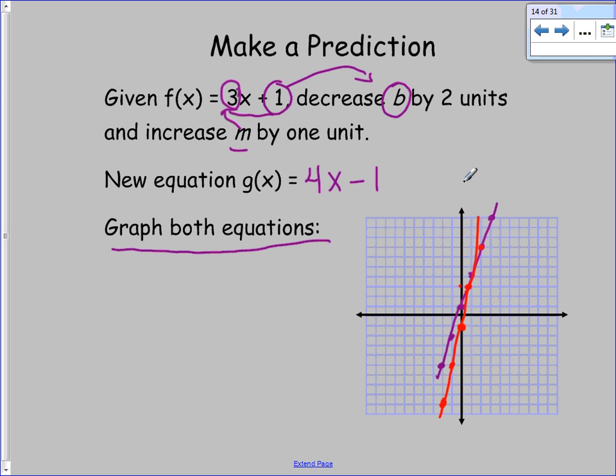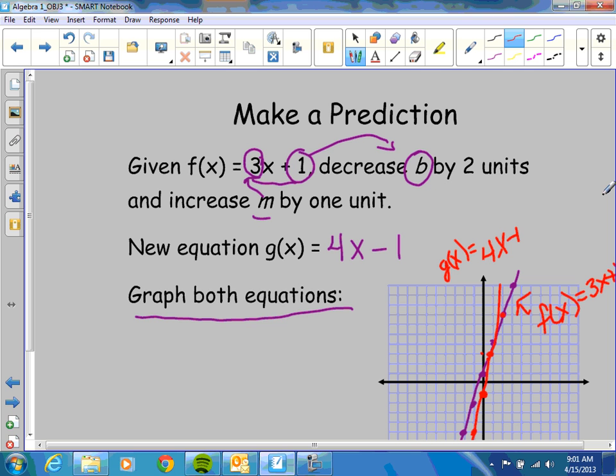So this is 4x minus 1, g of x. And then this one is f of x, plus 1.